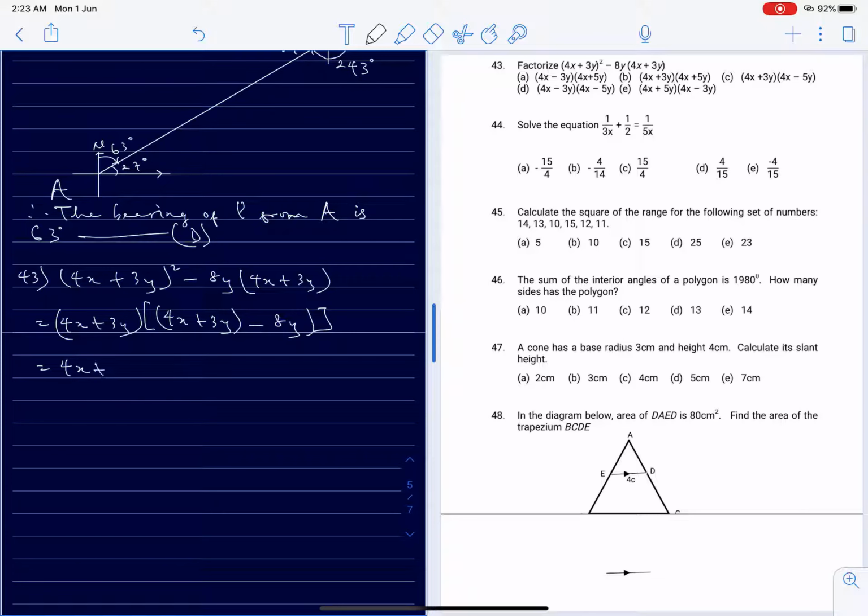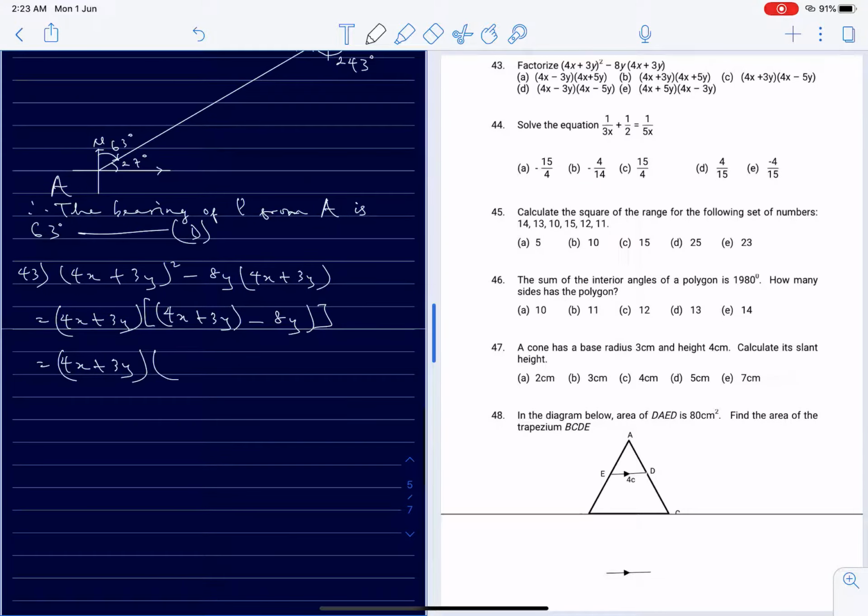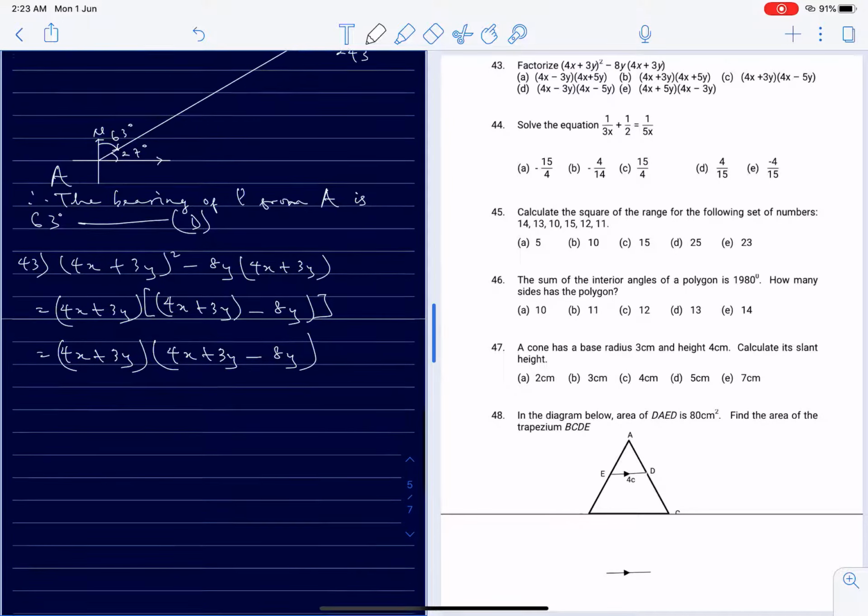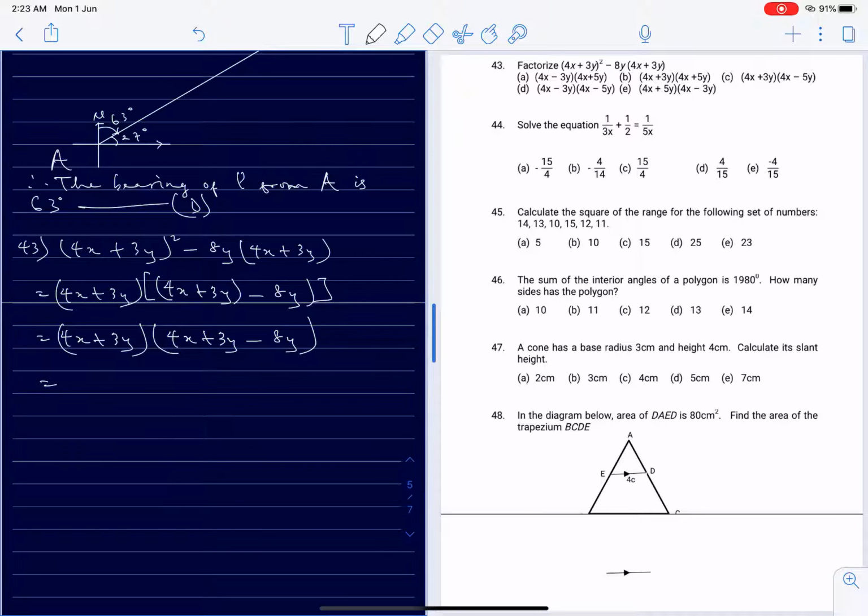And then I can further simplify into 4x plus 3y times 4x plus 3y minus 8y. And that's the same as 4x plus 3y times 4x, 3y minus 8y is minus 5y.